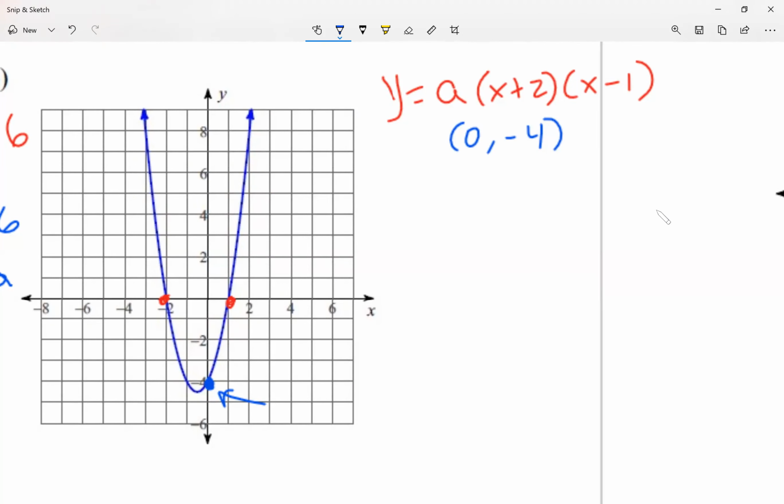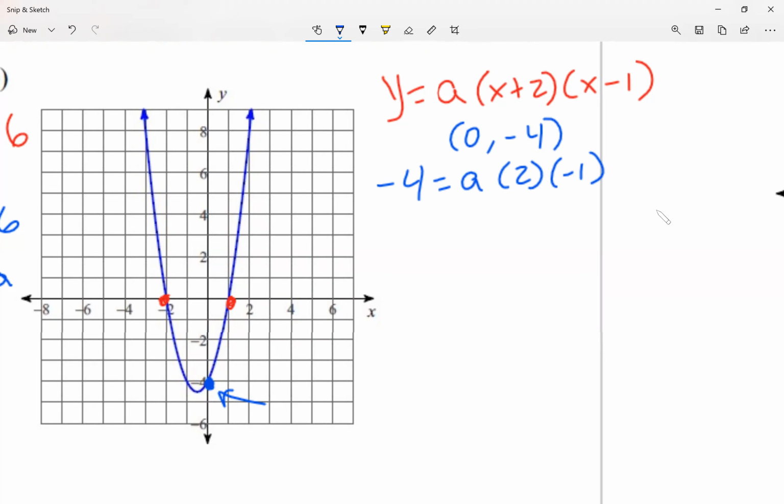So I'm going to use 0 for x and -4 for y. So let me write this as -4 is equal to a, and then (0 plus 2)(0 minus 1). Notice that in each of my parentheses I use 0 for x, right? Because that was the x coordinate.